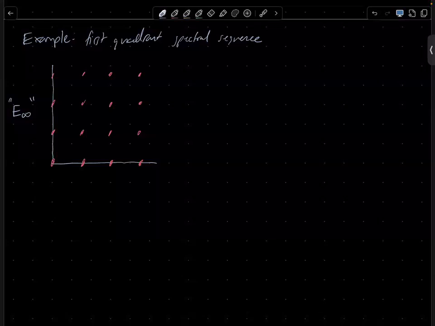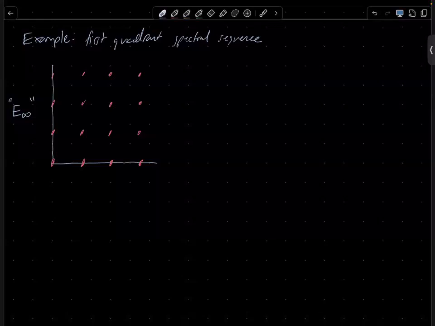You may object that the notion of stabilization could be at a different page for a particular P and Q. The particular R that it takes to stabilize may be different for each P and Q. So you may object: why am I drawing them all in the same sheet?